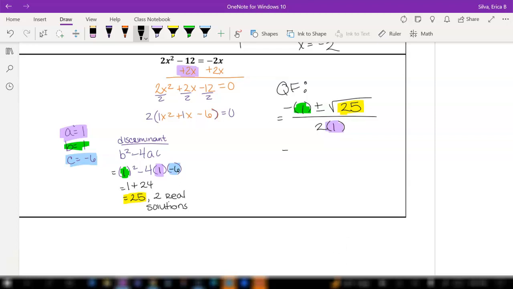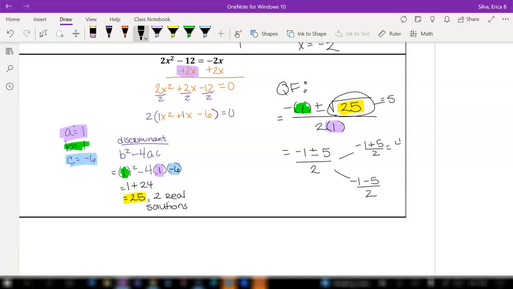So we've got negative 1 plus or minus square root of 25 is equal to 5 because it's a perfect square, and 2 times 1 is 2. Now notice how this one is going to have one solution when we're adding the 5 and then dividing by 2, and the other solution is when we are subtracting 5 and dividing by 2.